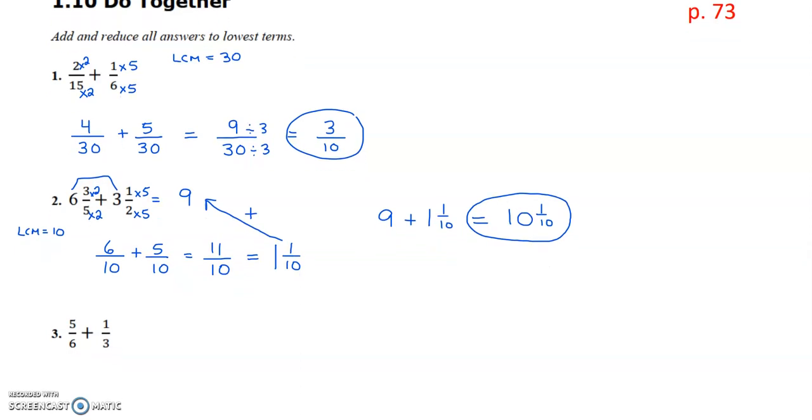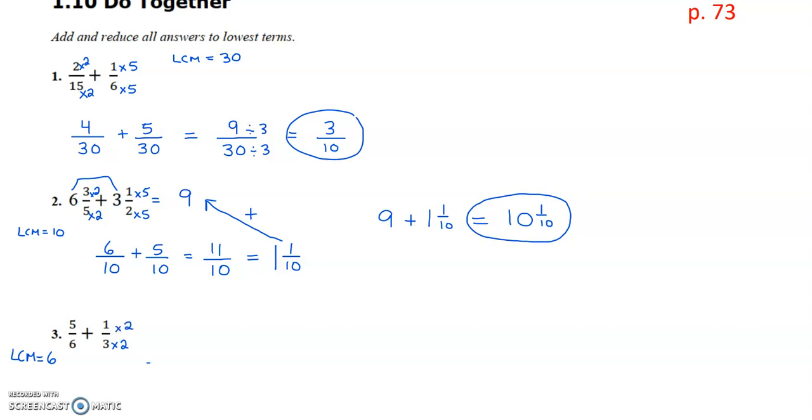For number 3, we have two proper fractions. Take a look at the denominators. They're not like. Ask yourself, what's the lowest common multiple? 3 and 6, well, 3 makes 6, so the lowest common multiple is 6. So I only need to change one of my fractions. A little bit less work, hooray!